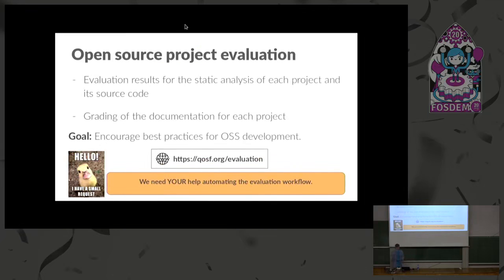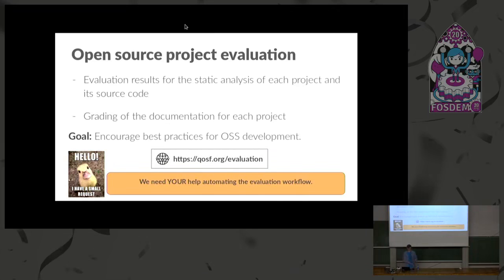And then lastly, in that pillar falls the open source project evaluation that I was touching upon earlier, that is currently accessible on the QoSF website. The idea here is to have evaluation results for static analysis, things like code coverage of the various projects, but also a grading scheme for the documentation. And the idea is to encourage best practices and also help newcomers decide which project they should be spending their time on.